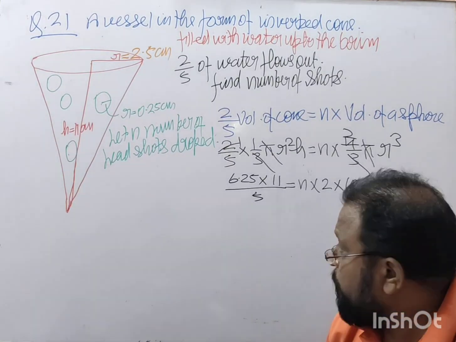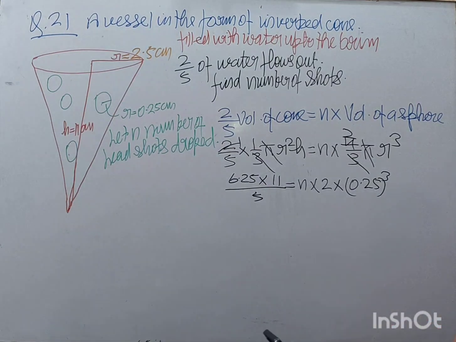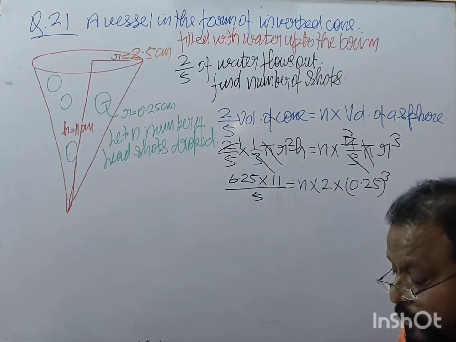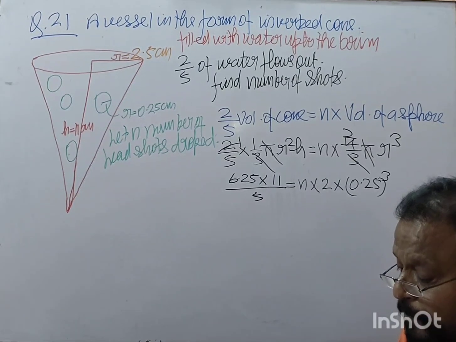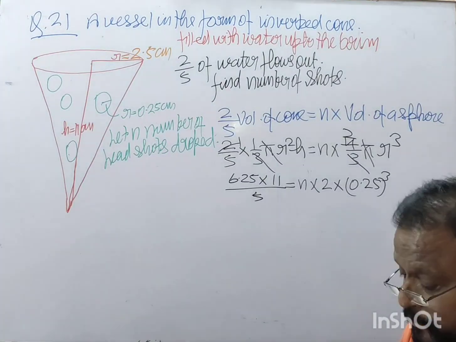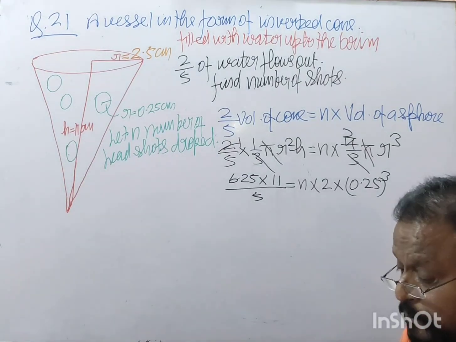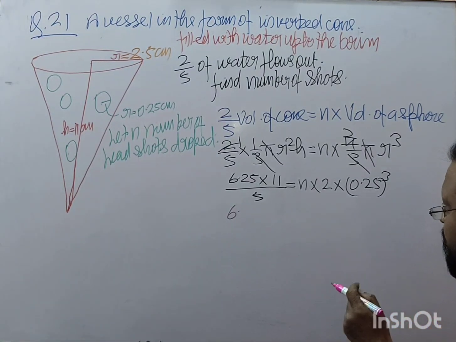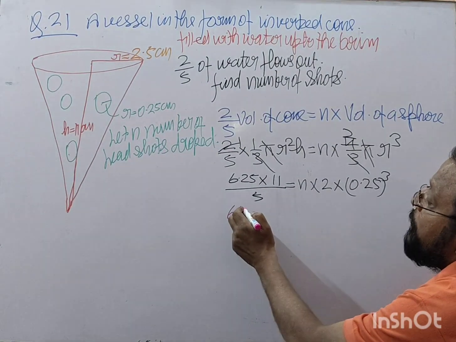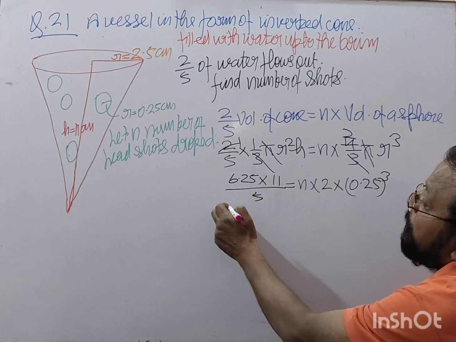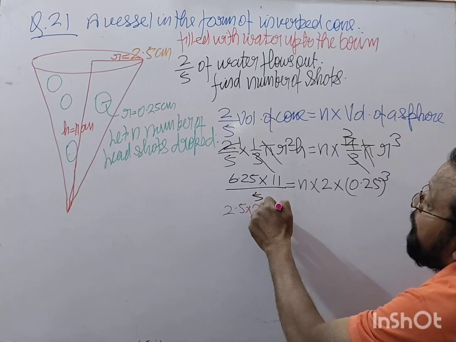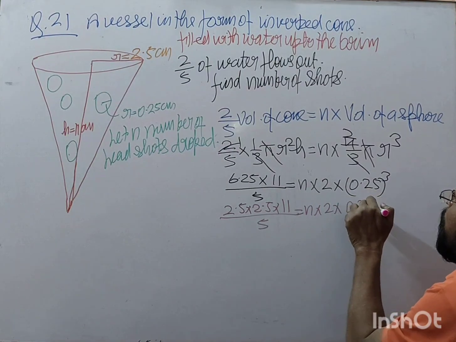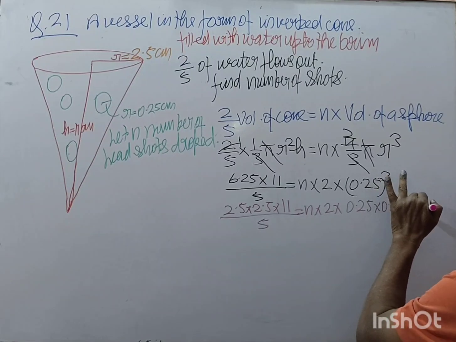If we go like this, 2.5 into 2.5 into 11 upon 5 is equal to n into 2 into 0.25 into 0.25 into 0.25.